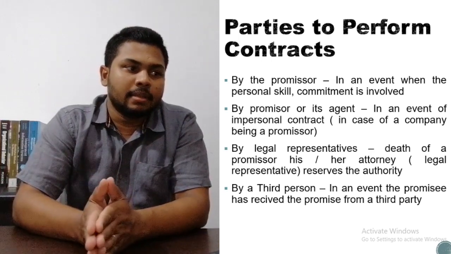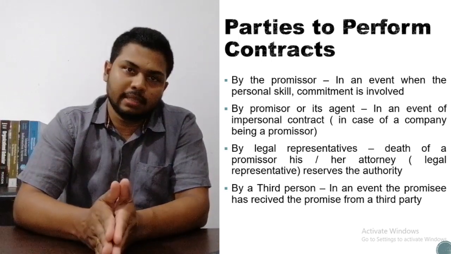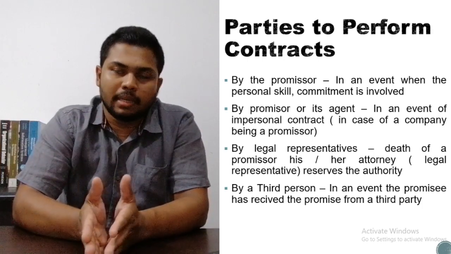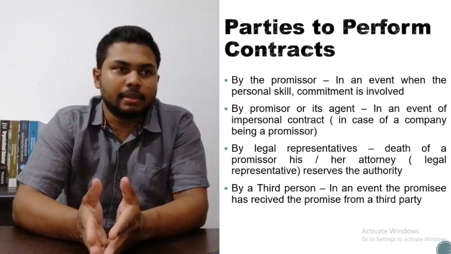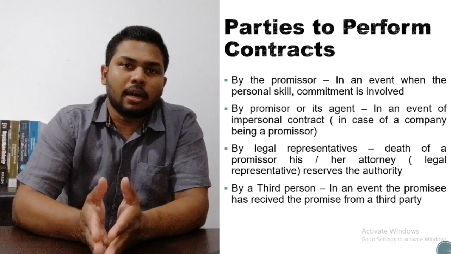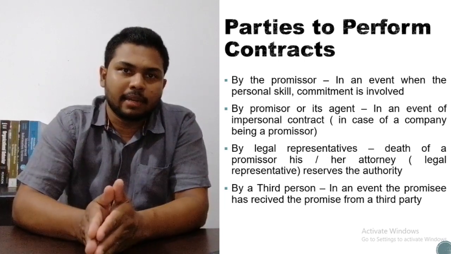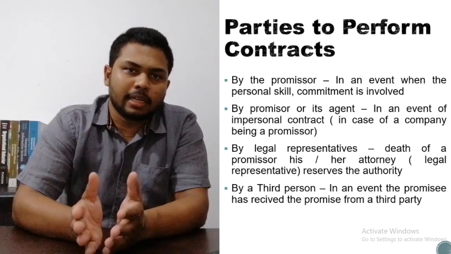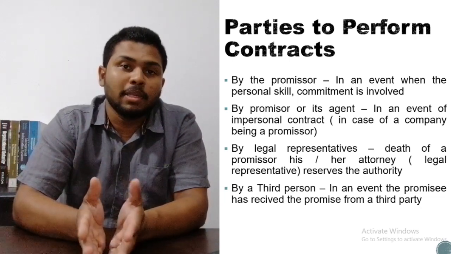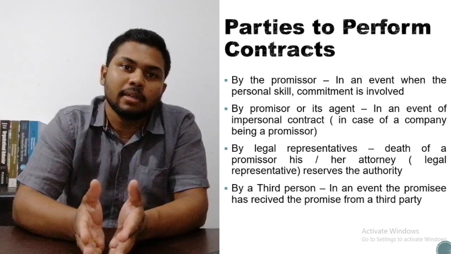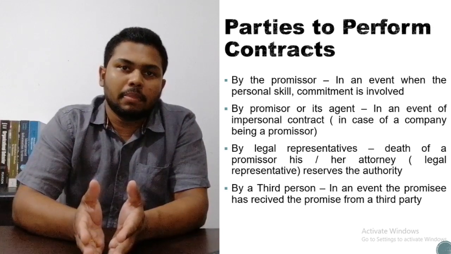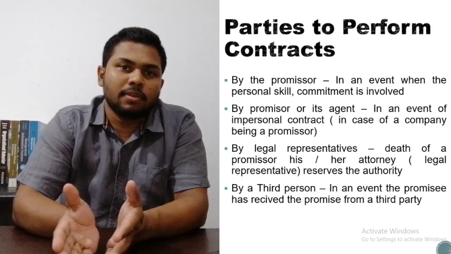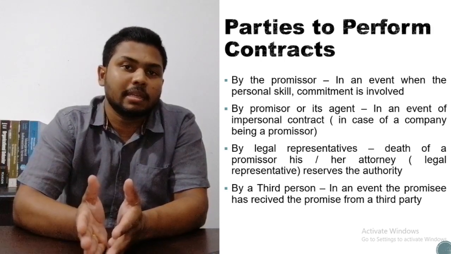Then the second one is by the promisor or its agent. Let's say in a company agreement, suppose you are the designated authority to sign an agreement, say you are the financial controller of a company. You are going to sign a contract and give a promise to the promisee, being the promisor. Now, in an event where you are going to resign from the company, you are just representing the company only.